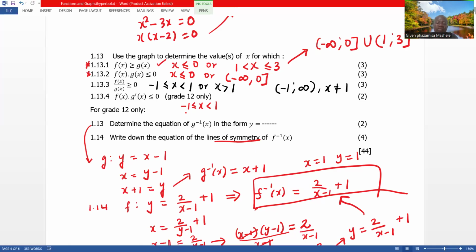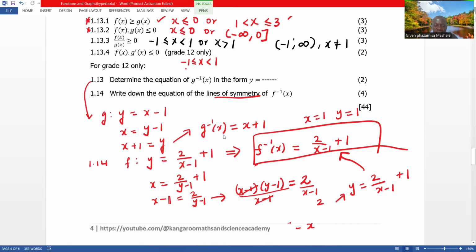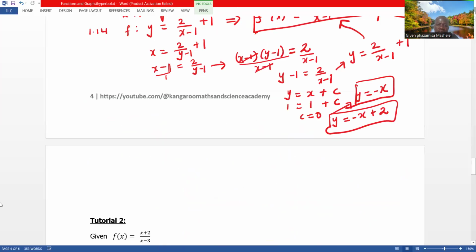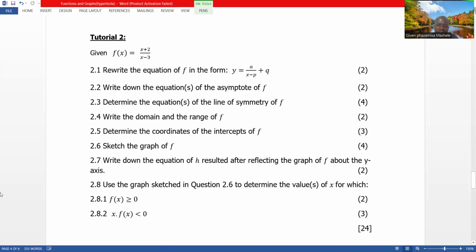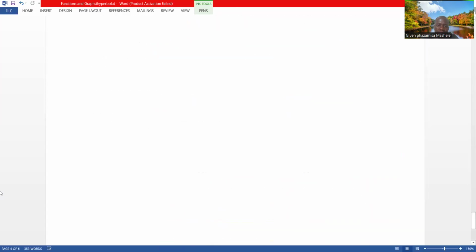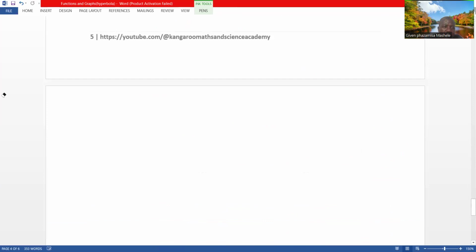But you can still confirm these answers algebraically, though you must be careful when confirming answers algebraically. For example, let's say we want f of x to be greater or equal to g of x. You can use inequalities.